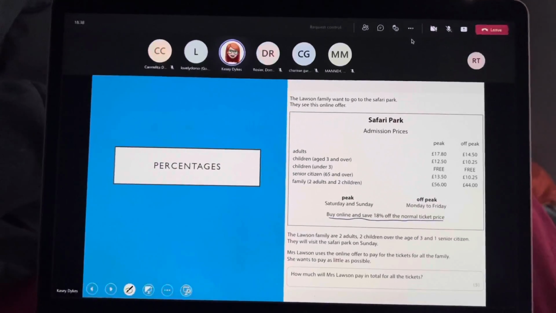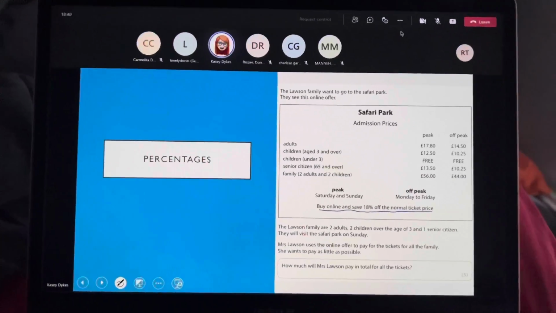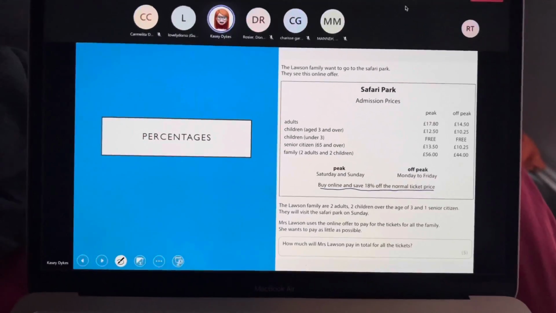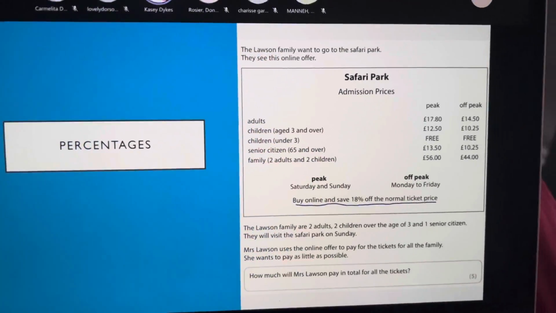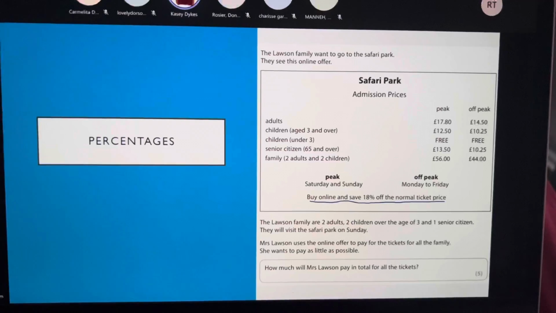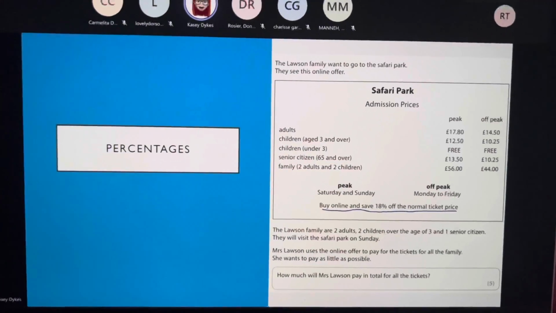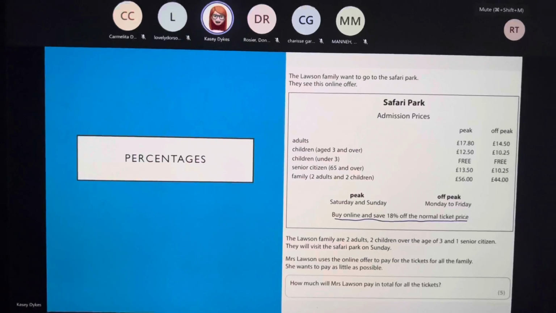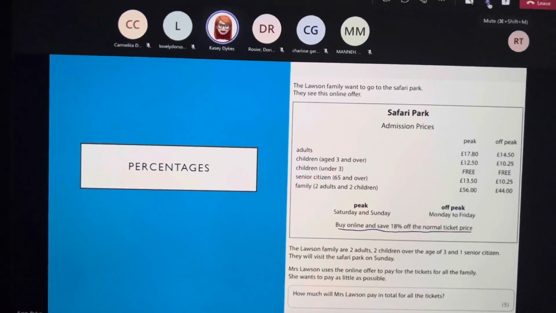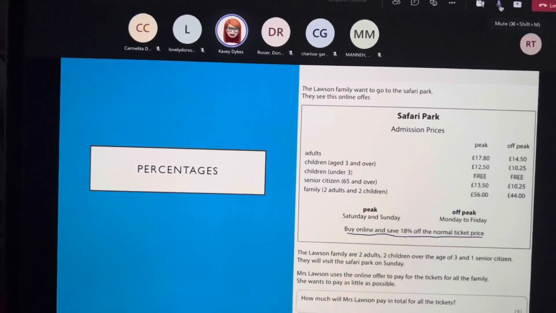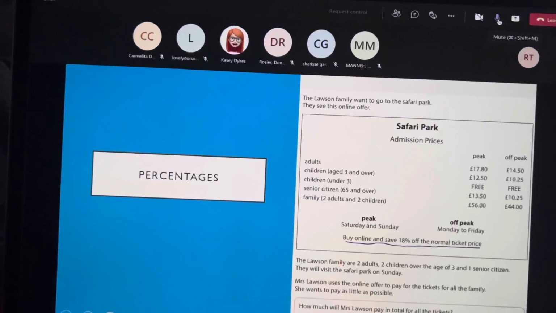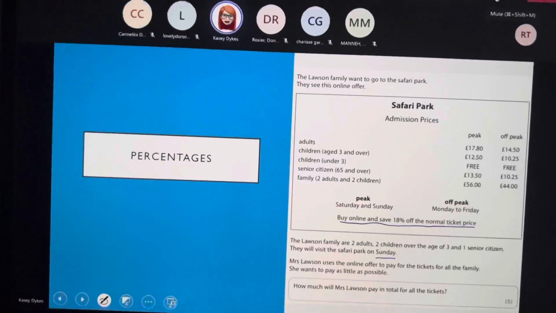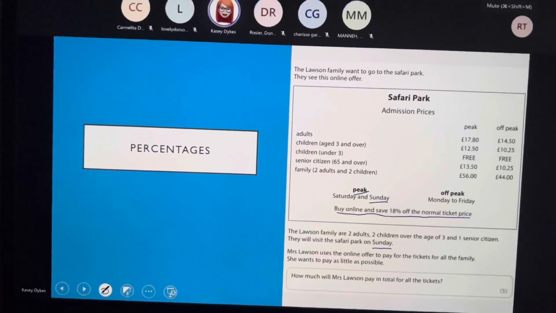So 5-mark question, you've got 5 minutes for this one. You can still get 3 marks if you do your percentage correctly. So we've got 2 adults, 2 children and a senior citizen. We're going on a Sunday, which means we're looking at the peak column.